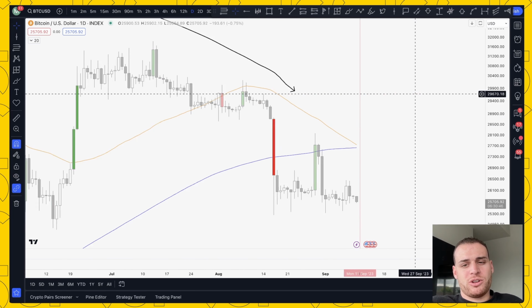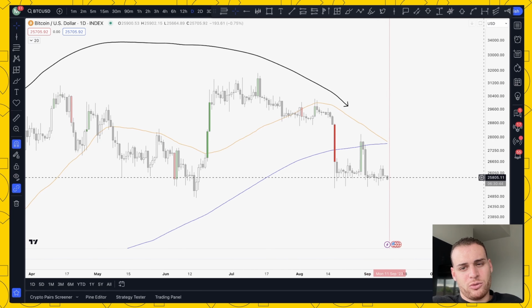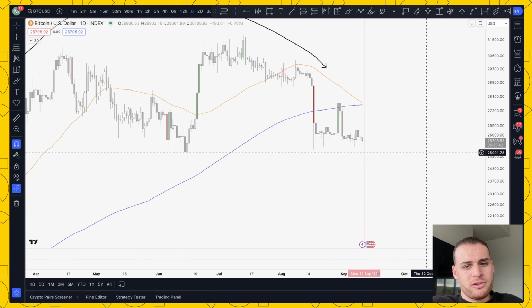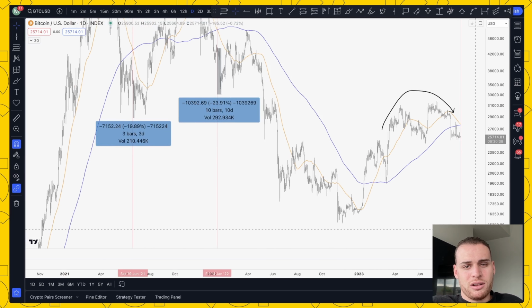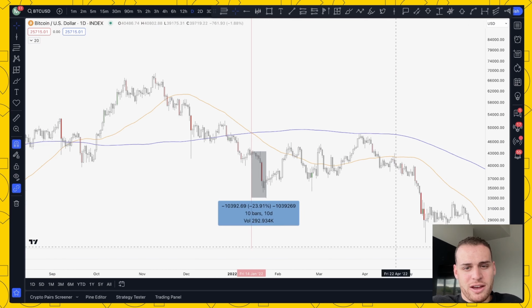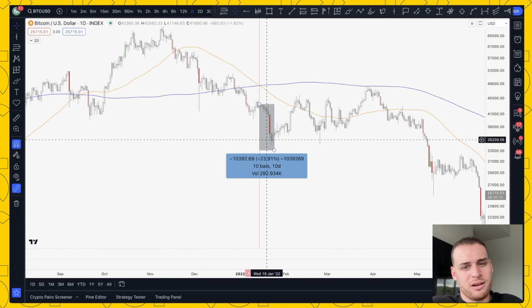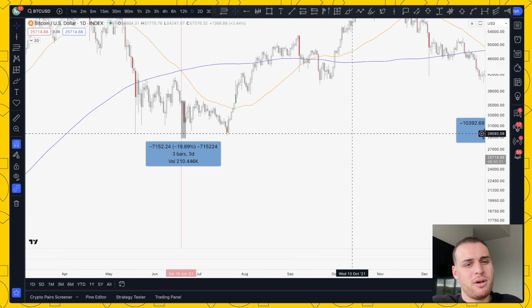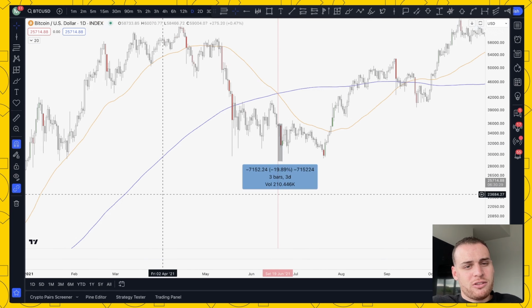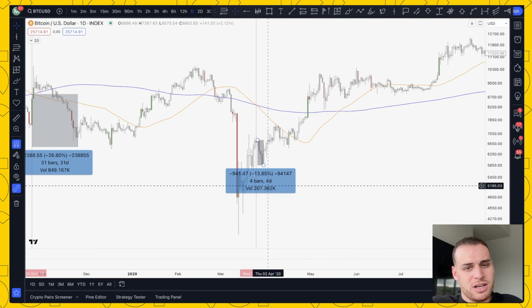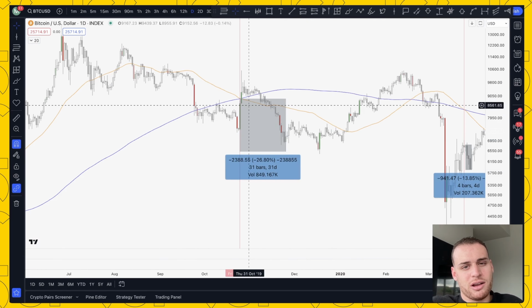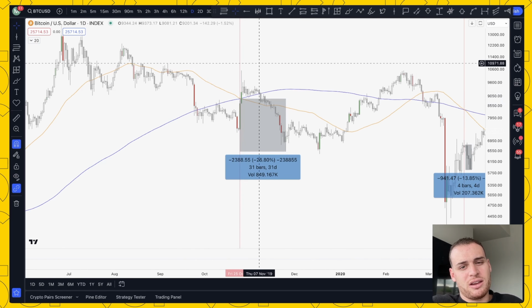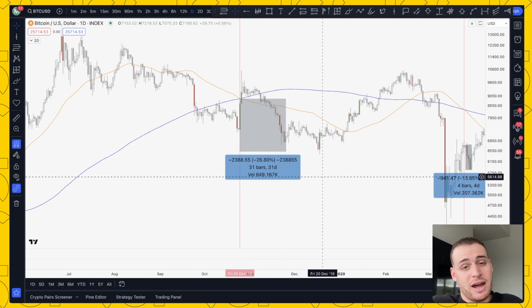Perhaps on the day of the cross, which I would anticipate to be pretty early next week, you might get some algos just immediately market selling, because they know that historically, look at the past crosses. Upon this one, we had about a 20% drop, and going back, 14% on that cross. On this cross, excluding the little spike, we still had a really nasty sell-off.